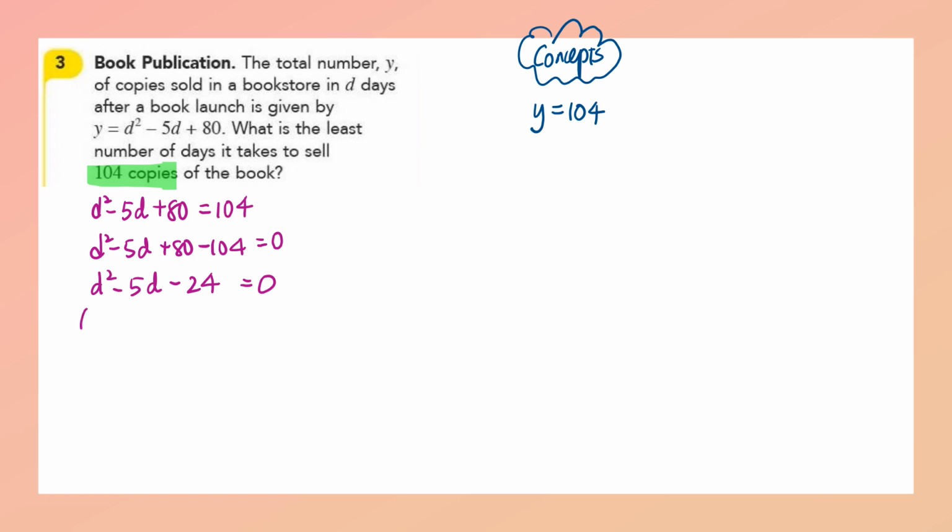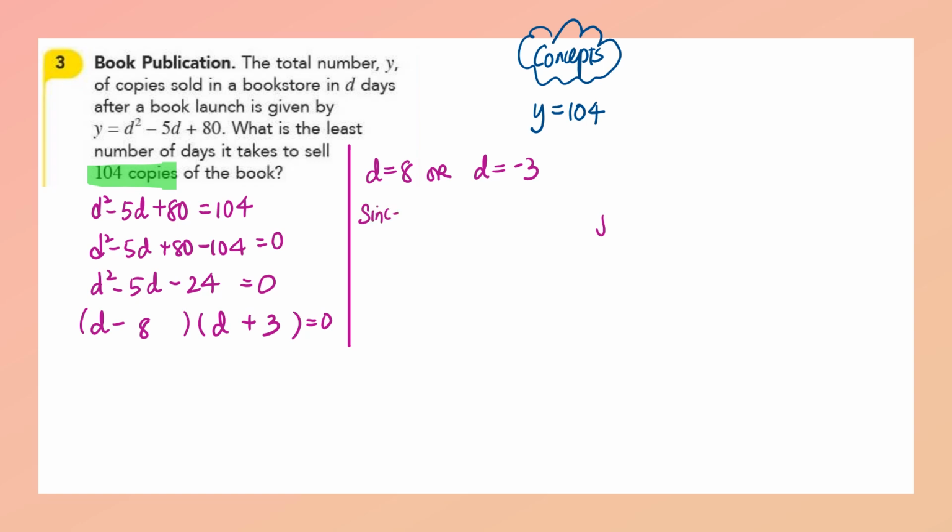You can just factorize it, and then you end up getting two values, d equals 8 or d equals -3. But d represents number of days, and since we can't have negative days, d has to be more than 0, so d equals -3 is rejected. Hence, the minimum number of days to sell 104 copies of the book will be 8 days.